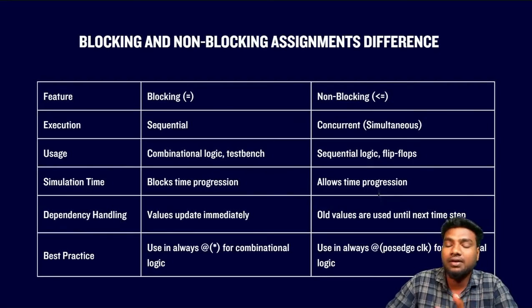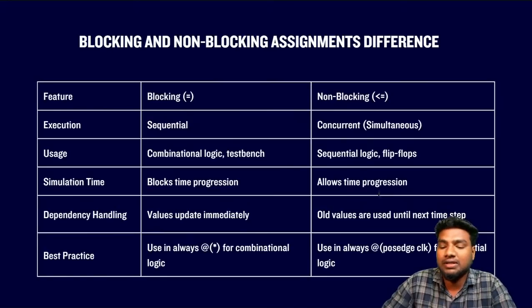In the third clock cycle it will do the NBA region operation. So it needs three clock cycles to get the non-blocking assignment output. By using this we can reduce the race-around condition, so we can control it if we use non-blocking assignments in sequential circuits. This is the main thing.